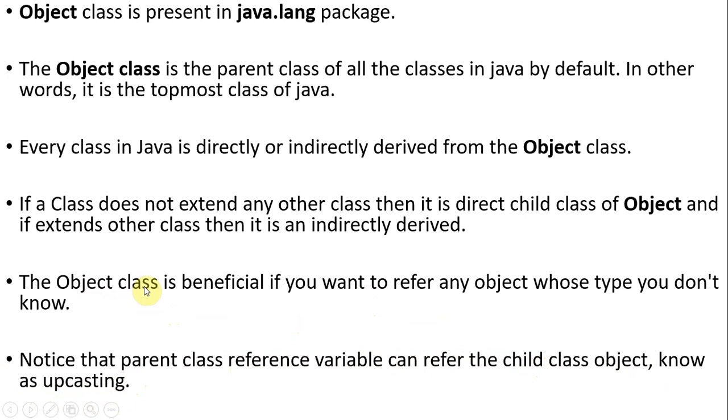Because Object is the topmost parent class, using this reference variable we can refer to any child class object, whether user defined or predefined. That is known as upcasting, which we already know.